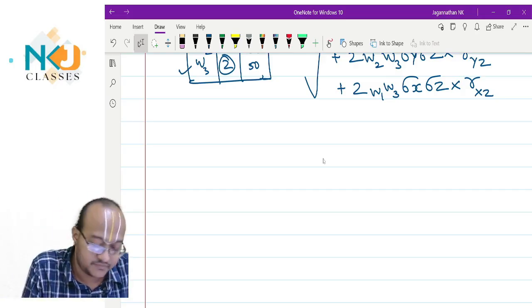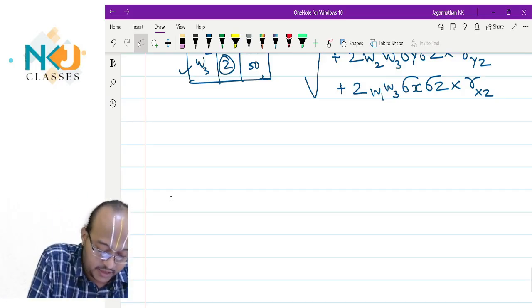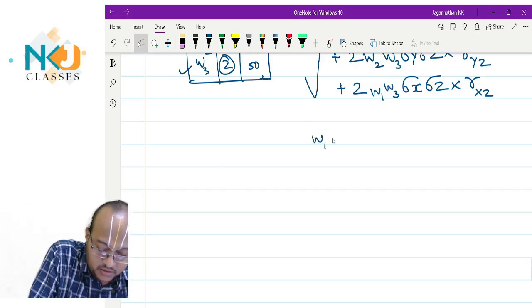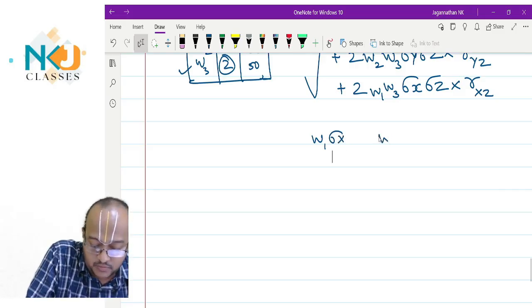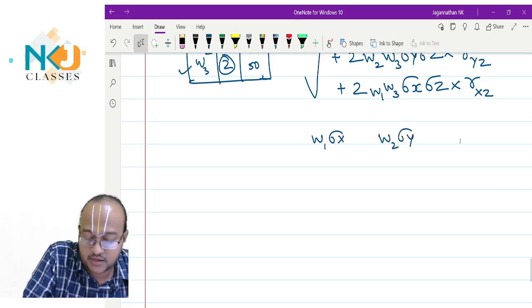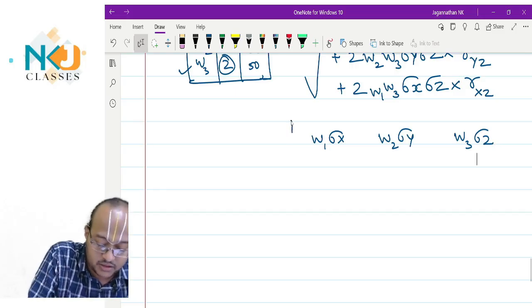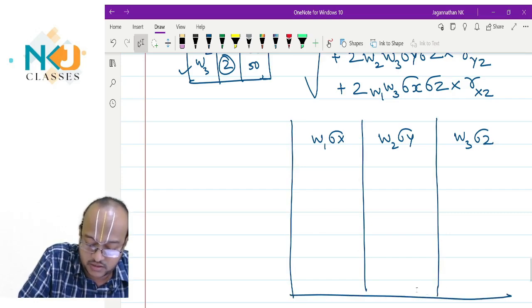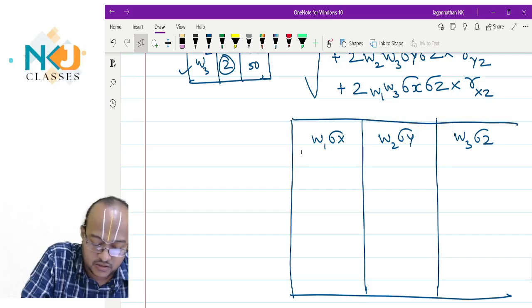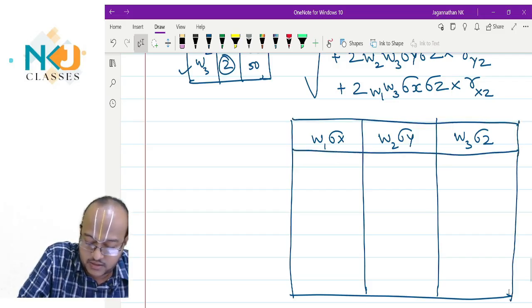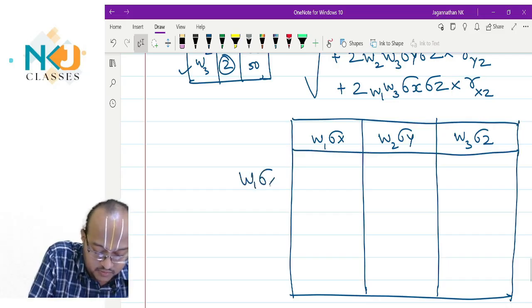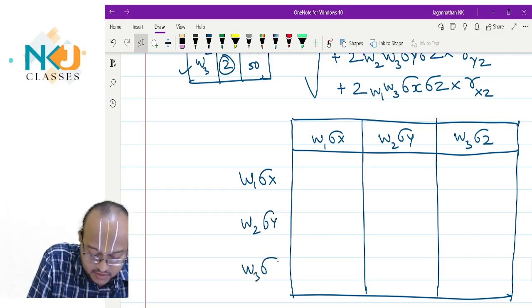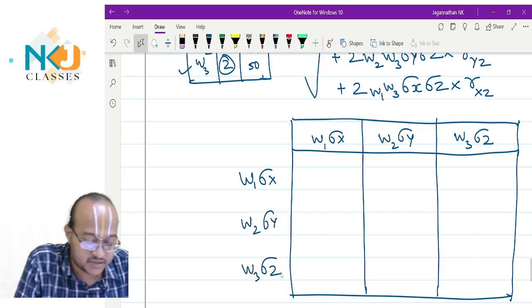We will draw a matrix wherein you get W1 sigma x, W2 sigma y, and W3 sigma z along both sides. Here W1 sigma x, W2 sigma y, W3 sigma z. Are you understanding this matrix?